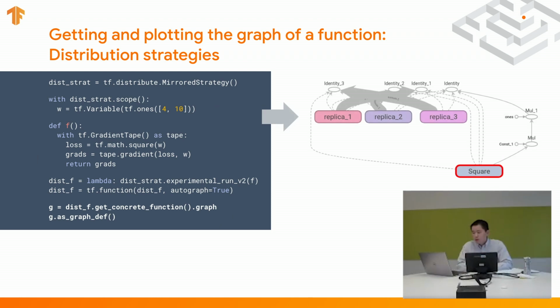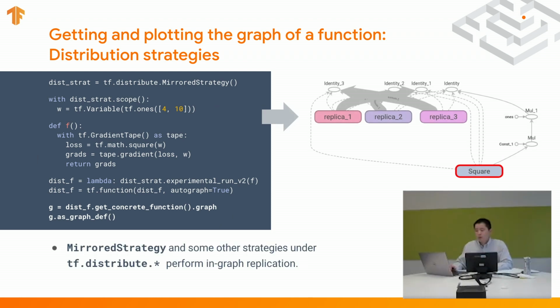Once we have set the 4 logical GPUs, we can use MirroredStrategy to create a variable on the 4 GPUs, and we can construct a function that will call GradientTape on that variable over the 4 GPUs. The function here called this_f is the function that involves the replication, and you can use the get_concrete_function method as before to look at the graph structure.